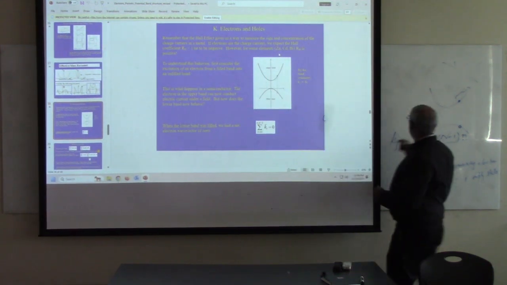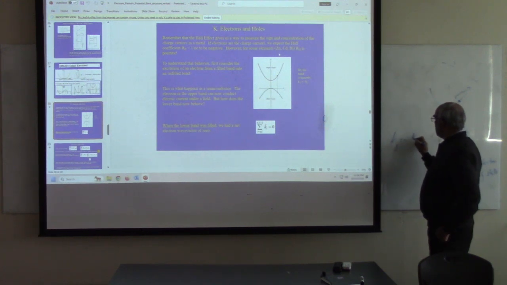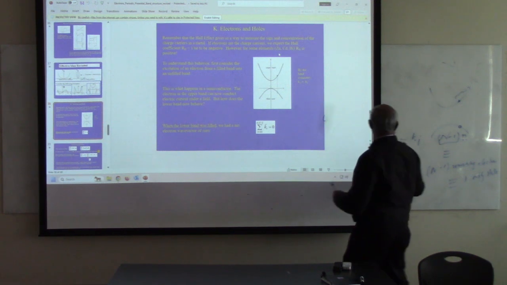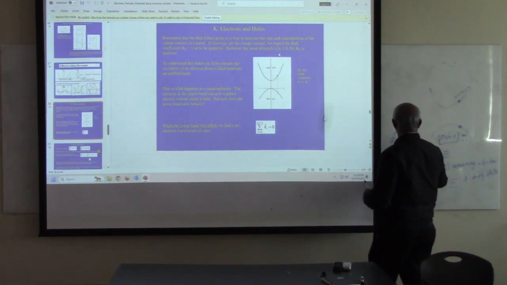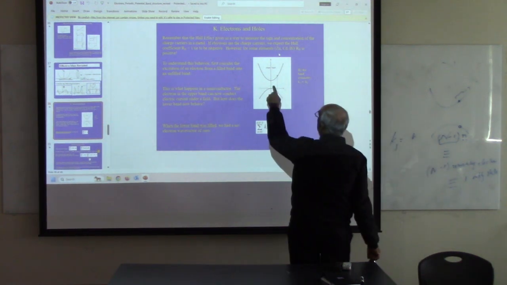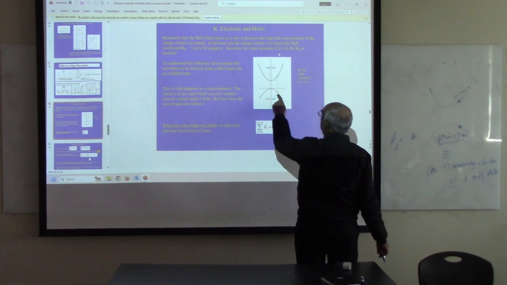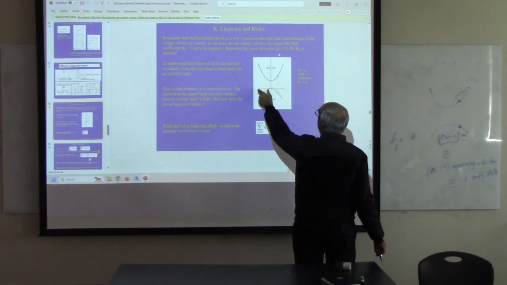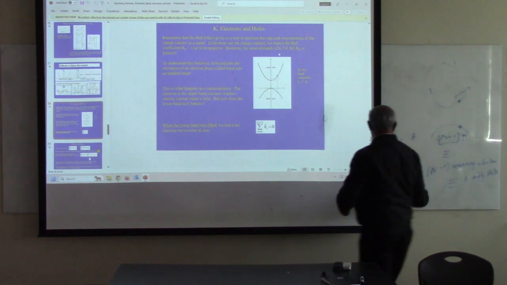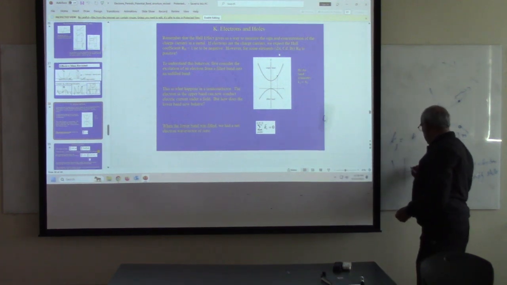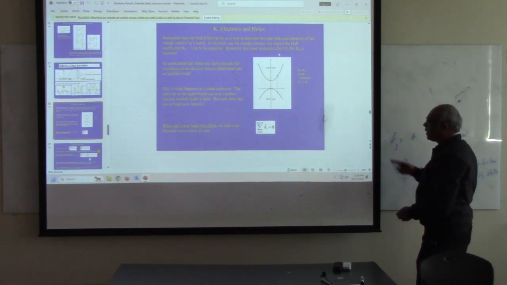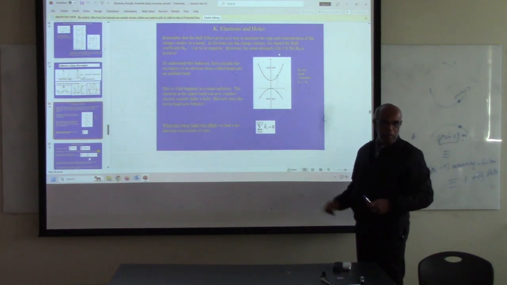That means k_j is always the negative of k_{-j}. So if we have plus 5 here, you have minus 5 here. If I put a minus sign in front, you get the same number.